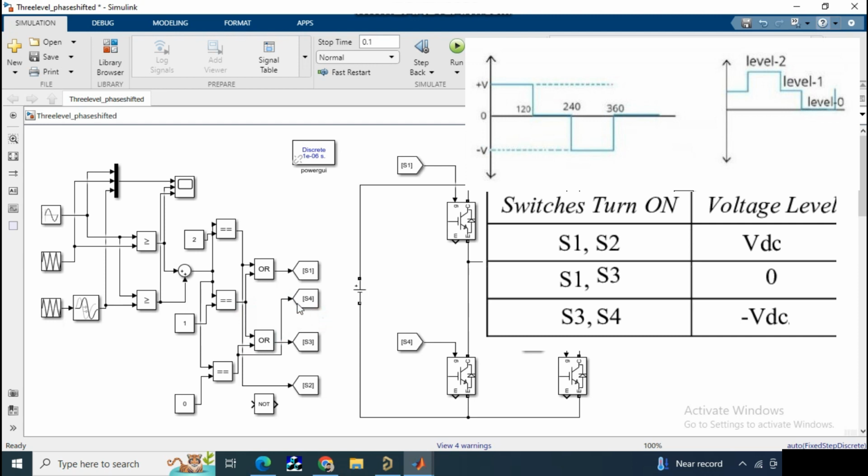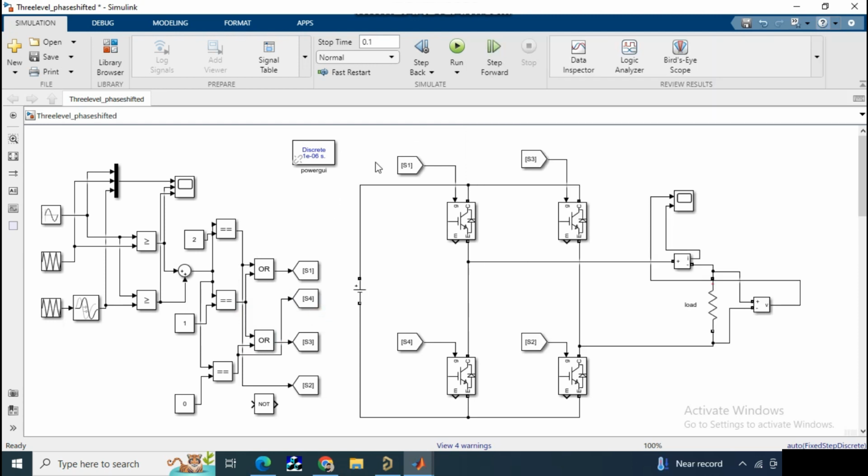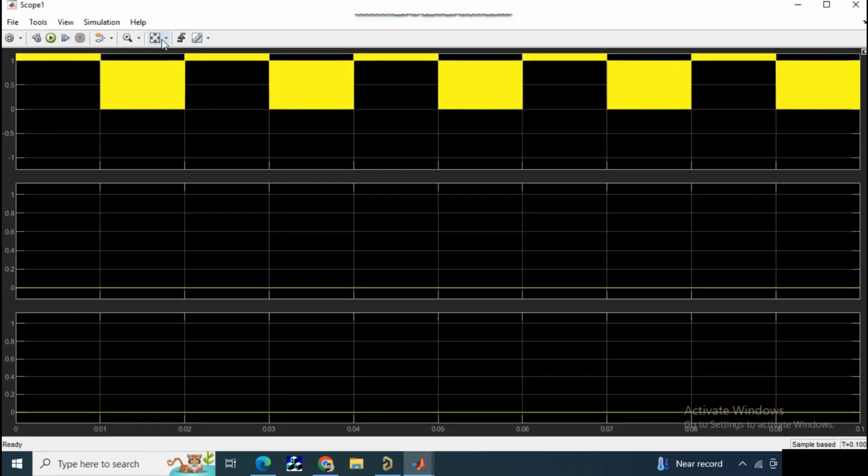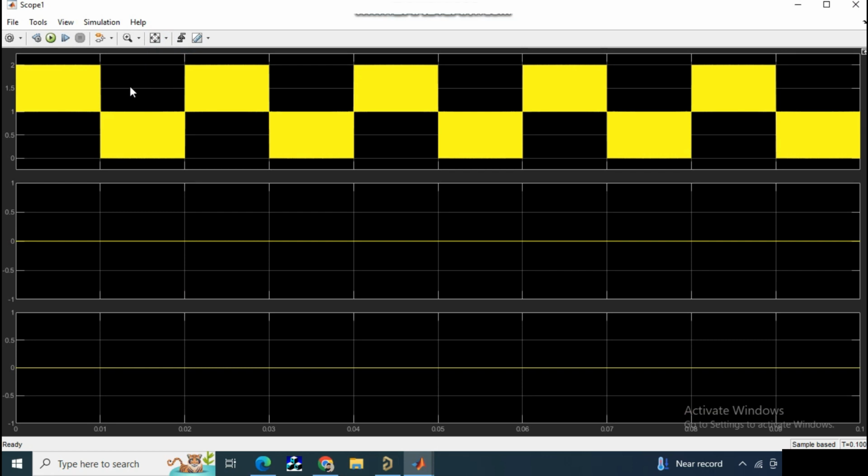So now run the simulation and check the output. So now you can see this is the perfect 3-level output.